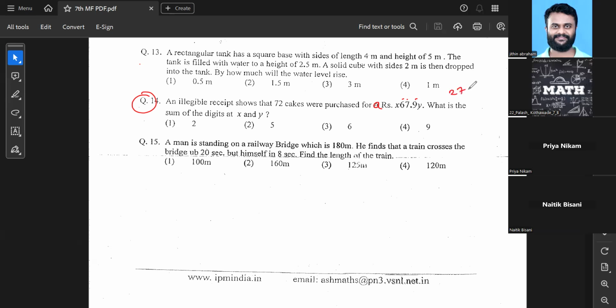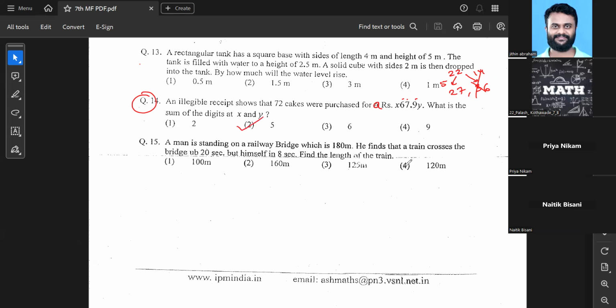So 27 is an option and 36 is an option. We'll have to check where our number is going to fit. Between 22 and 27, the difference is only 5. Between 22 and 36, the difference is 14, which I don't see over here. Hence, I ignore the possibility of 36. Hence, my next possible value is 27. From 22 to 27, the difference is 5, and that is my answer.